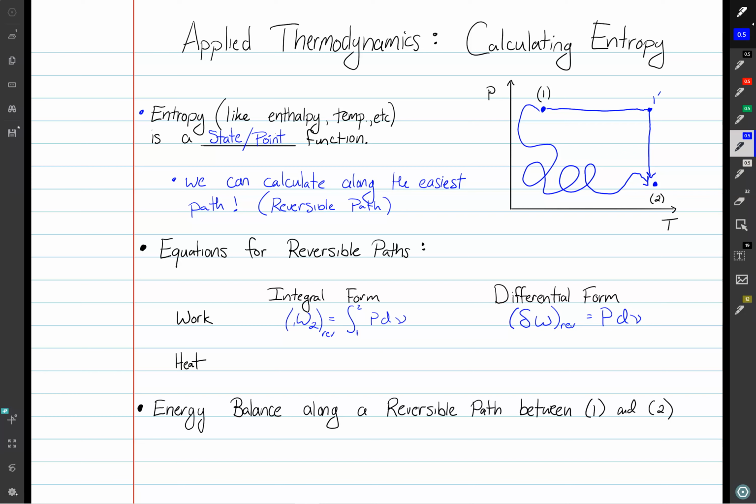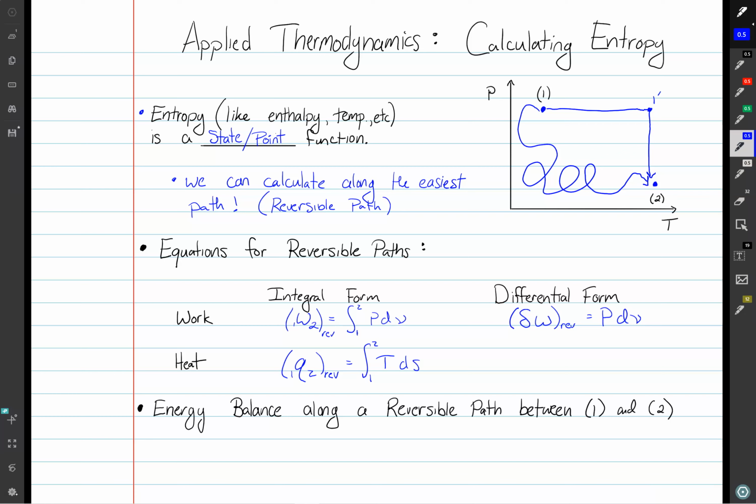What we haven't done as much of is the integral form of Q, but we have done it. If I write it, you'll probably remember from a while ago. We could look at Q from 1 to 2 along a reversible path, which would be the integral, again from that same state 1 to 2, of T dS.